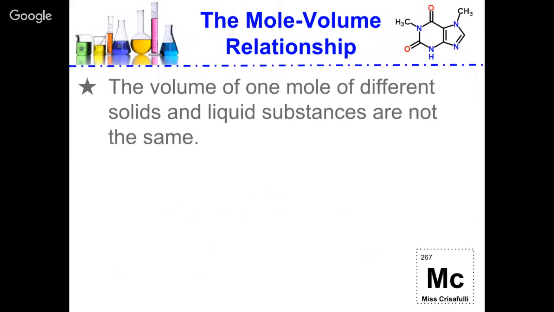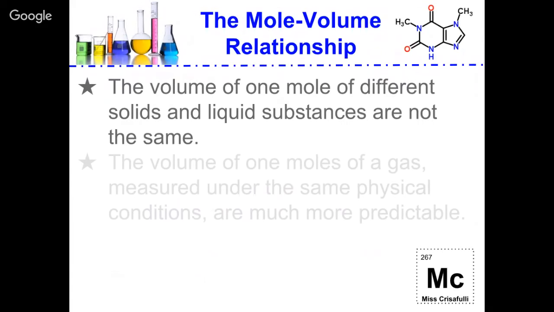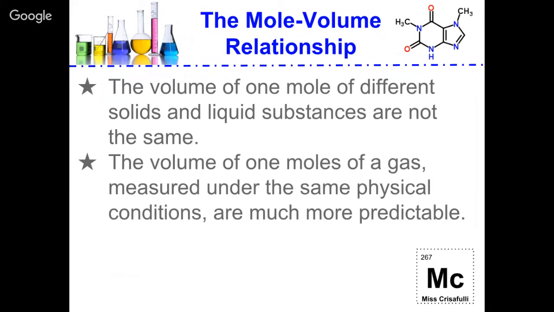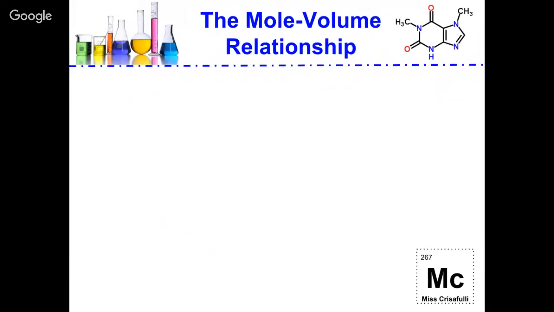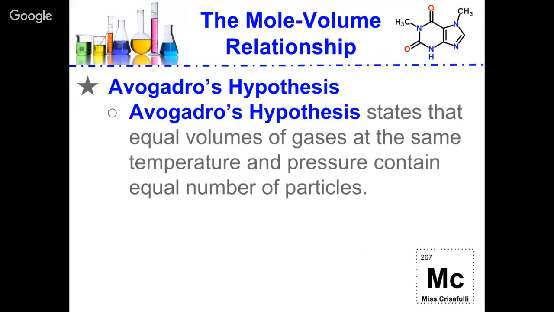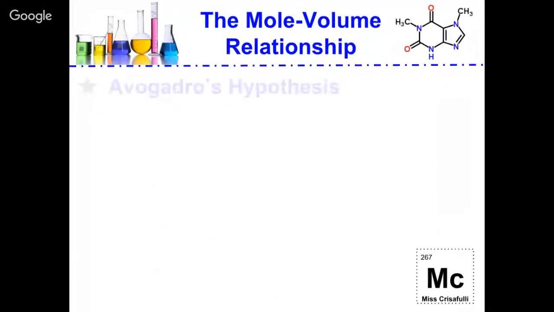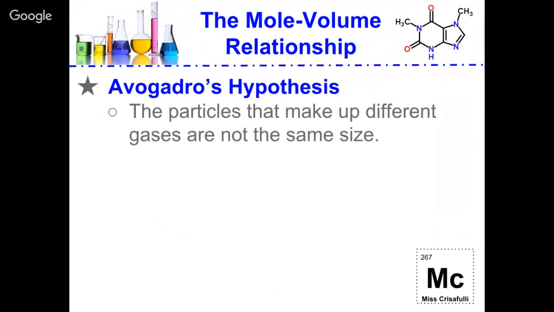The volume of 1 mole of different solid and liquid substances is not the same. The volume of 1 mole of gas, though, is more predictable because gases expand to fill their container, remember. So Avogadro had a hypothesis that stated that equal volumes of gases at the same temperature and pressure contain equal numbers of particles. The particles that make up different gases are not the same size.